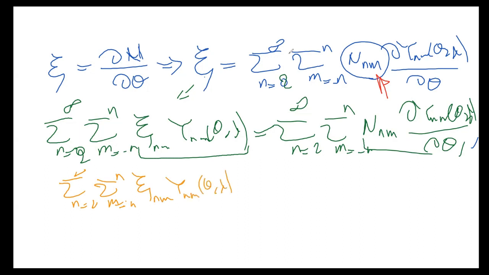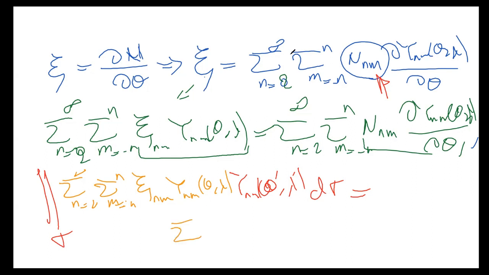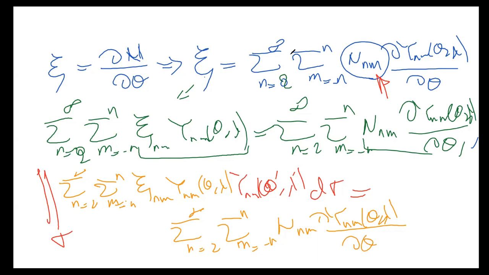I multiply, for example, by Y n m (theta prime, lambda prime) here, and I take the integral over both sides, the sigma, then I will write again the other formula, the derivative of Y n m (theta, lambda), multiplied by, now I write it in red so that you can see the difference, theta prime, lambda prime, this.